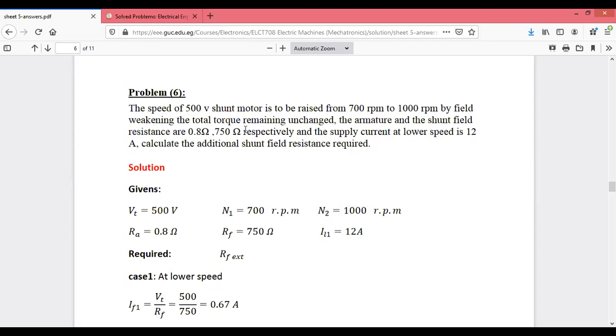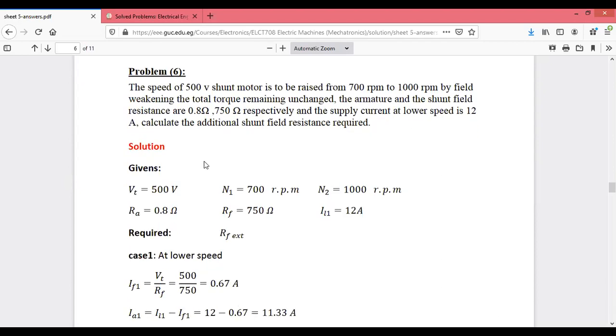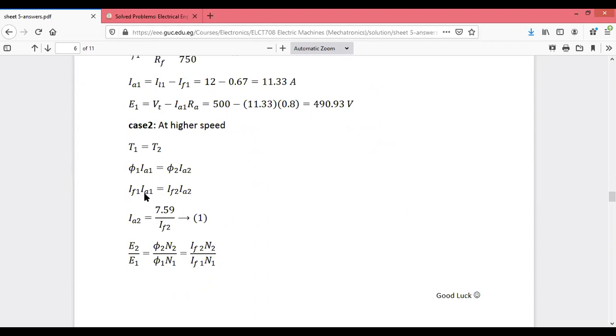Armature and shunt field resistance they have given, supply current they have given. So here we can take that value of field current for lower speed and higher speed the same. At that time you can take that If squared, so your equations will become here. If you are writing the values for phi2, phi1, N2 and N1, you can reconvert your phi in the terms of field current.